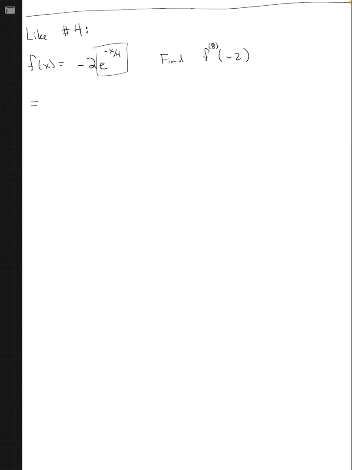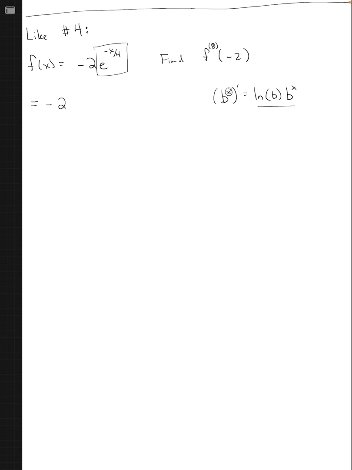And the way to be clever is we realize that we know the derivative of this guy. As long as we have the derivative of something to the x, just plain x, we can take the derivative of it.